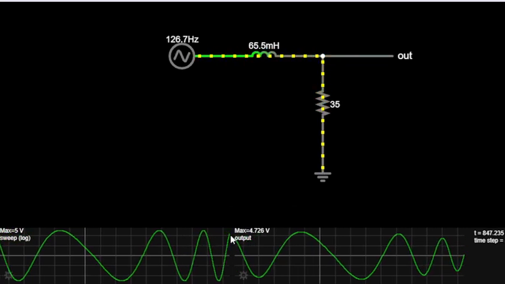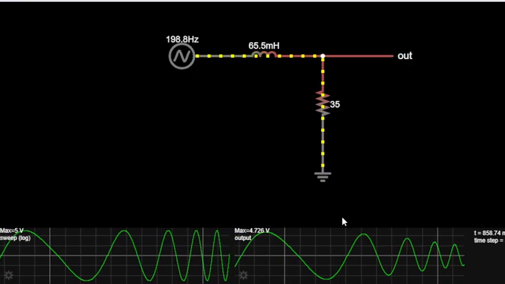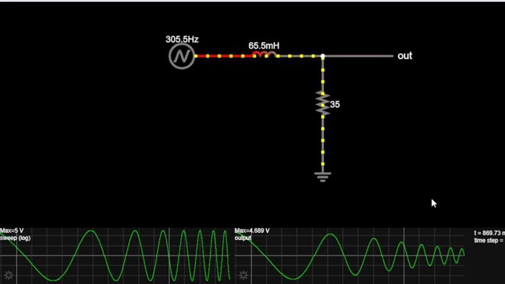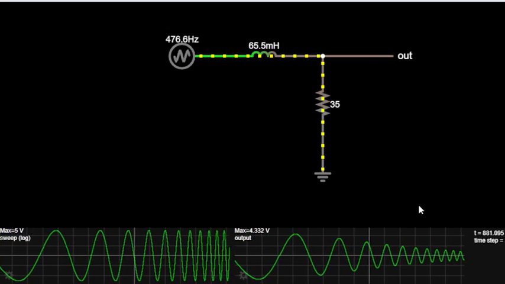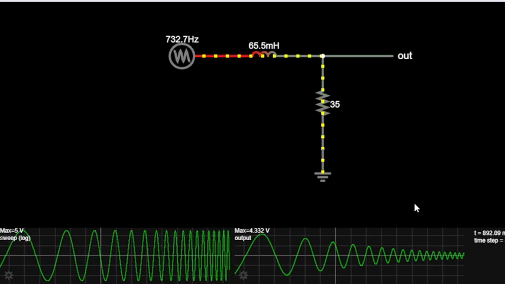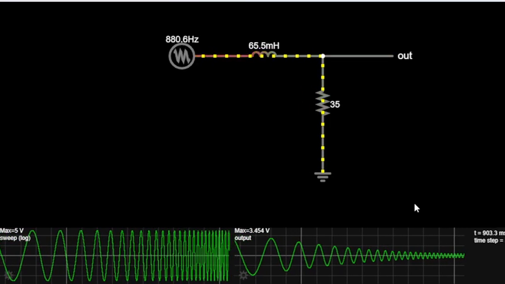You can easily understand by watching this waveform of a sweep log and the output how it's working. I will also explain this.